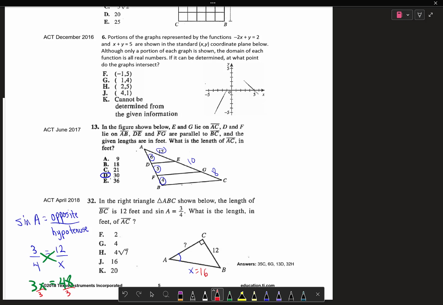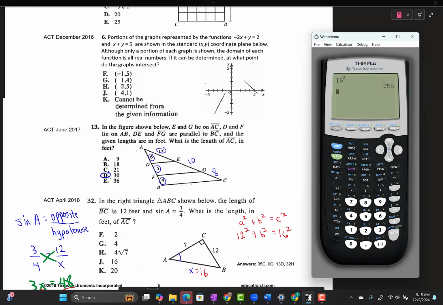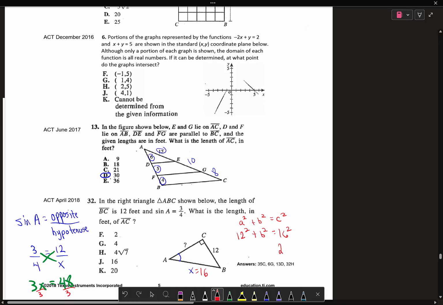And now we can do Pythagorean theorem to find the missing side. A squared plus b squared equals c squared. So A we'll call 12, B is our unknown, and C is 16. 16 squared is 256. 12 squared you should know, but if you don't, no shame in putting it in the calculator. It's 144.